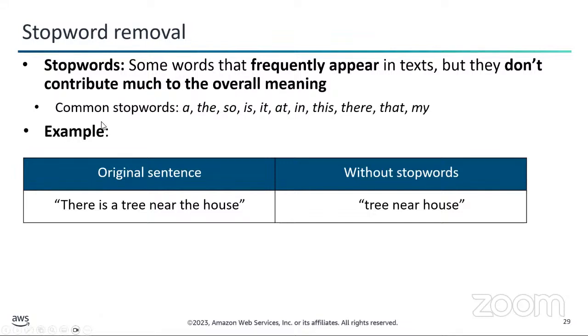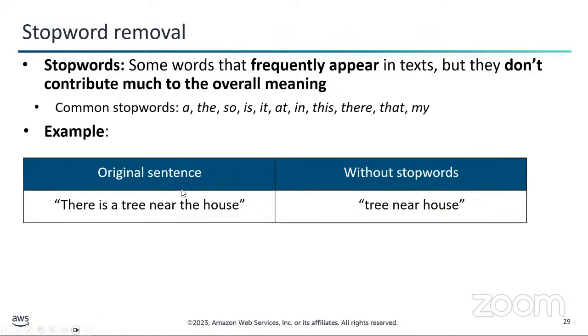So in the English language, the common stop words are articles like a, the, these, and then some other words like so, is, it, at. These are very commonly occurring, so they really do not add much value in an NLP project. That's why we call them stop words, and we want to remove them.